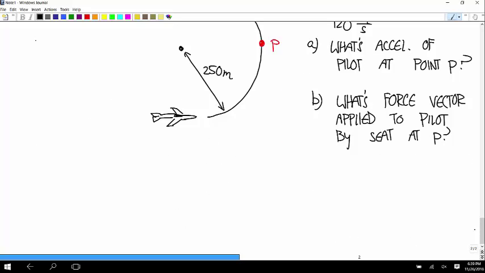Why would we want to calculate that? Well, most likely it wouldn't be so important to figure out the force that the seat applies to the pilot, but we would calculate this so that then we could figure out, using Newton's third law, the force vector the pilot applies to the seat.